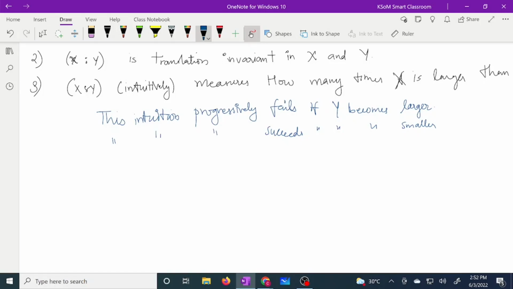But the problem is, as y becomes smaller and smaller, this quantity might go to infinity. Not might, it will most of the time go to infinity, because I'm using smaller and smaller sets to cover, so I need more and more sets. So I need to control that somehow.